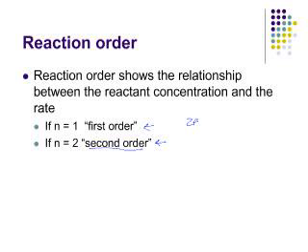Occasionally, you will see 0 order. That is possible. Higher order reactions, though, as I understand it, are very rare. And so we're not really going to worry about them. In theory, these exponents can be fractions, negative numbers, anything. But practically speaking, they usually come out to be 0, 1, or 2, 1 or 2 being the most common.